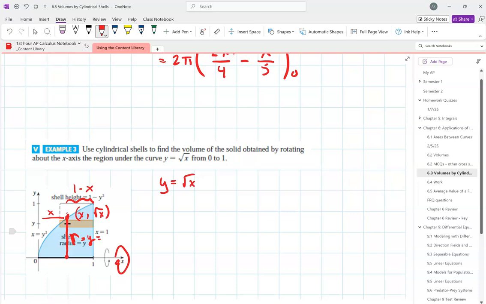So if I start putting this together, then I'm going to have the integral. We're going from 0 to 1, 2 pi, and then our radius is y.